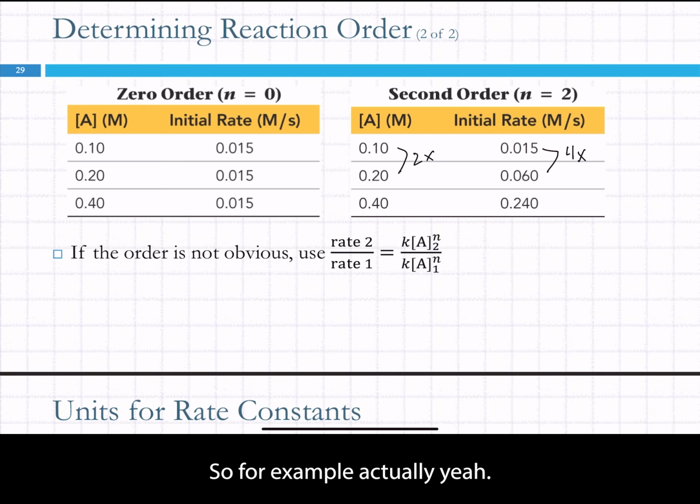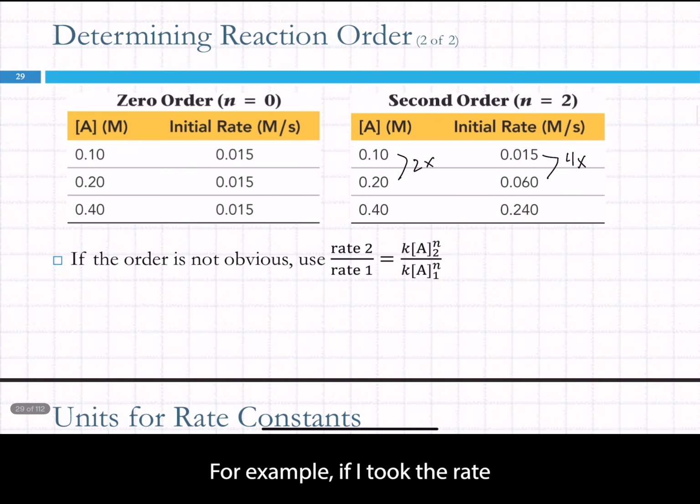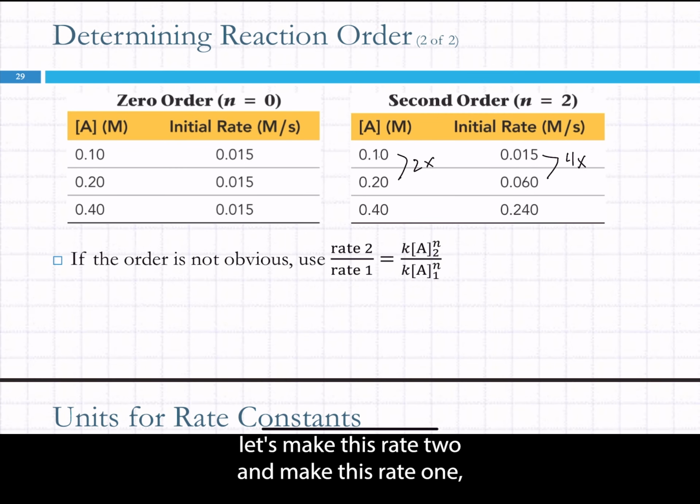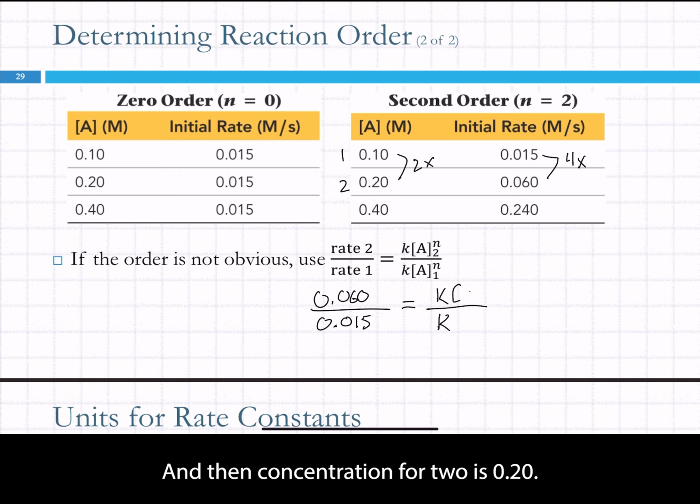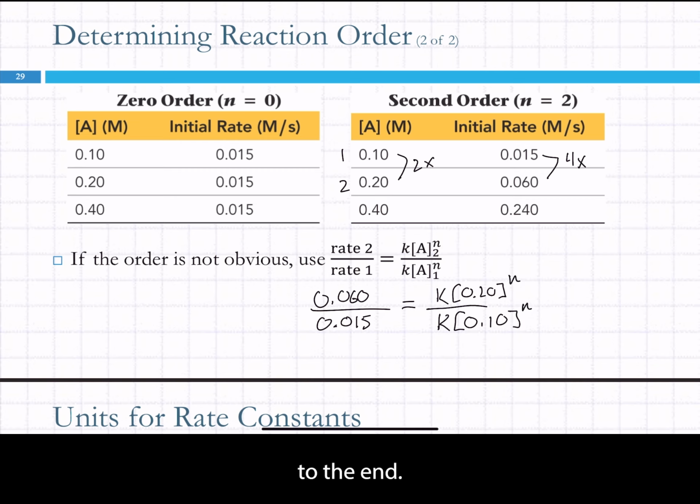For example, if I took the rate, let's make this rate 2 and this rate 1, then I would do 0.060 divided by 0.015 equals k over k, and then the concentration for 2 is 0.20 and the concentration of 1 is 0.10, to the n.